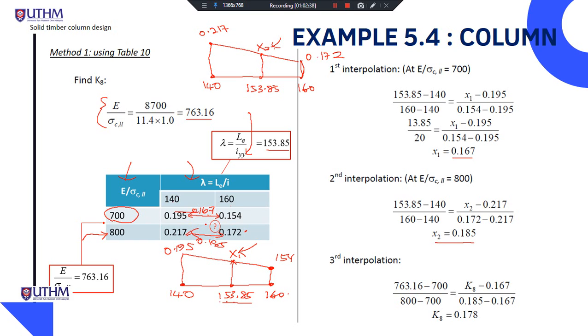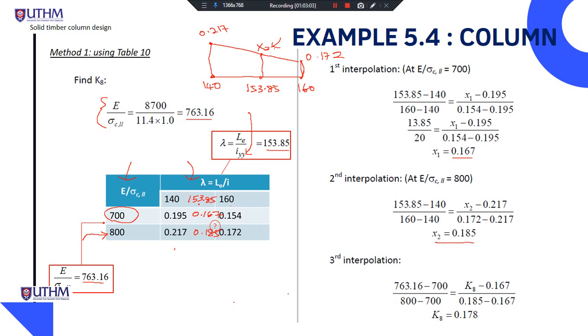So how about in this direction? Between 0.175 and 0.185, so how much is the actual K8 based on 763.16? So we use the similar concept.